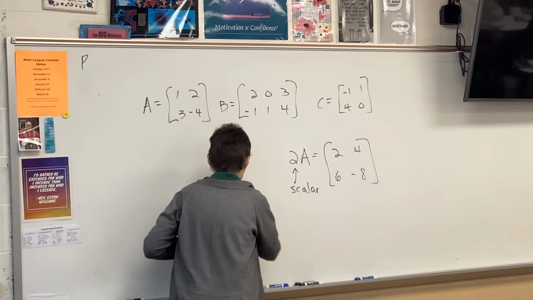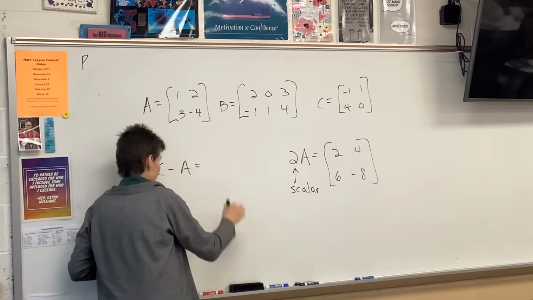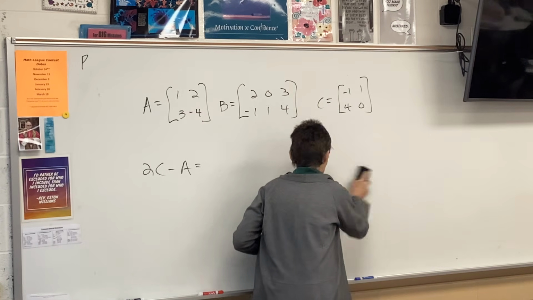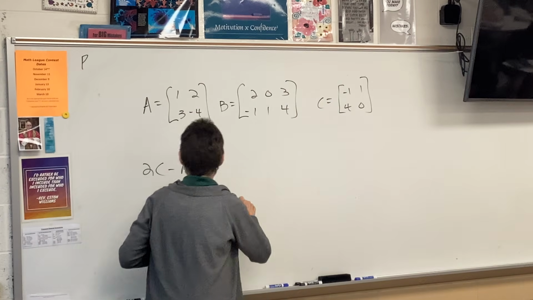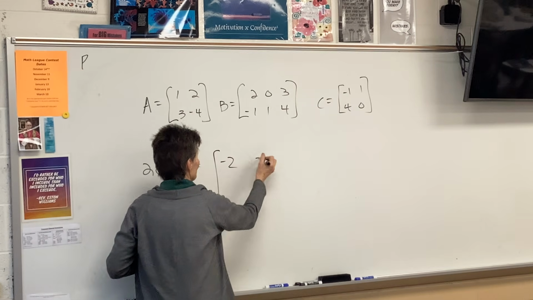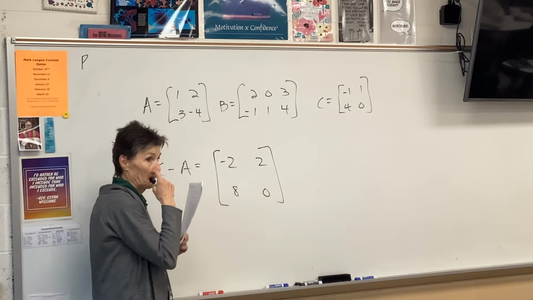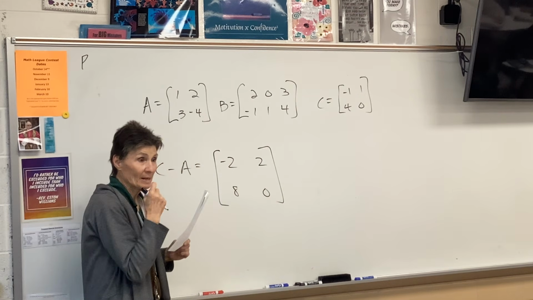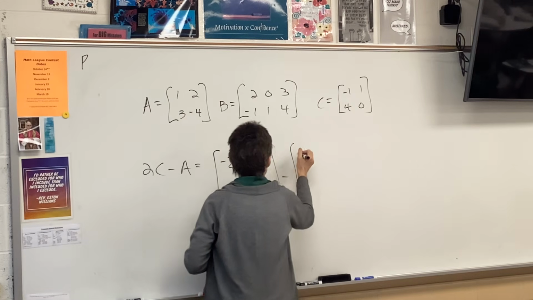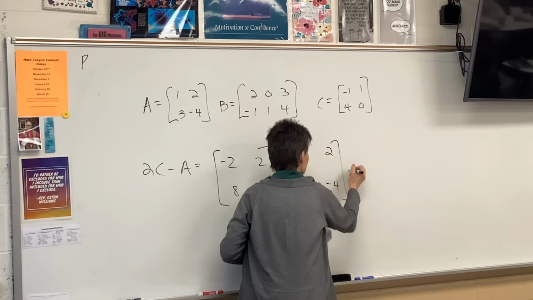2C minus A. Any idea about that one? So let's take 2C. So 2C would be -2, 2, 8, 0. Is that all right? And now we're going to subtract A. Now, we're going to subtract the same way we added.